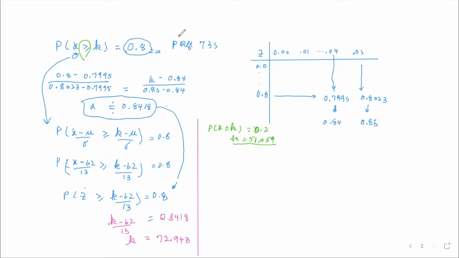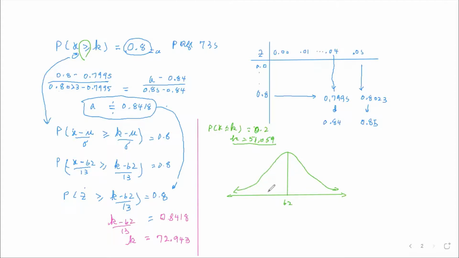So maybe I can draw a normal curve, a graph to explain. This is the mu or mean, at this point, 62. Because we work on the greater than, the area we got should lead from the left end.